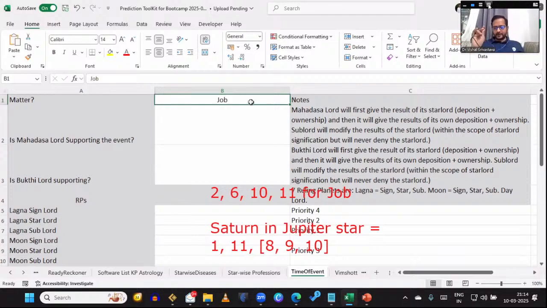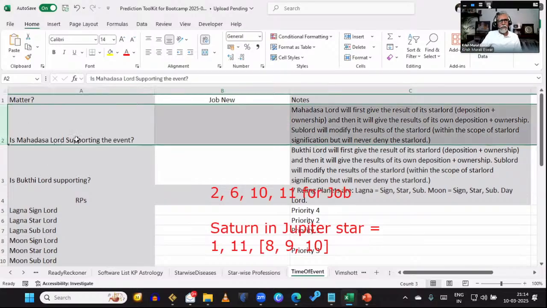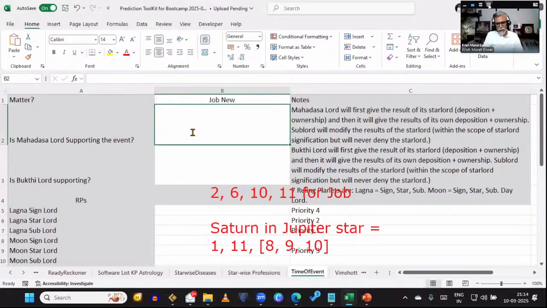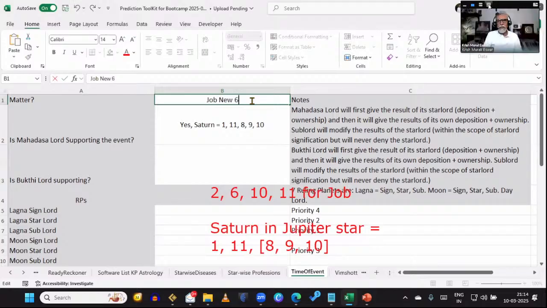Sir, hold on. Job, new job. You go to the time of event toolkit. Here the Mahadasa Lord is supporting the event. Yes, Saturn is signifying 1, 11, 8, 9, 10. Sir, can you repeat this part? What is the rule?